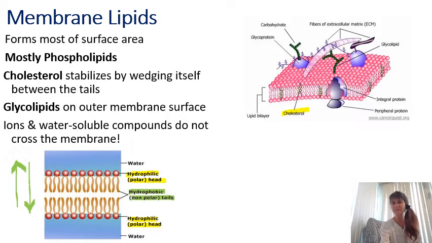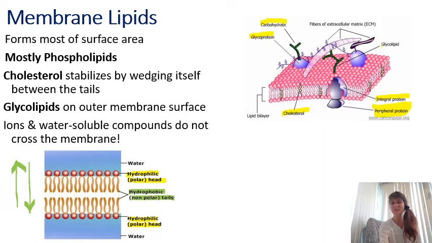We also see embedded in this membrane an integral protein, which will span the length of the membrane, a peripheral protein. Peripheral proteins may be found on either side of the plasma membrane. We also notice a glycoprotein. Glyco meaning sugar, protein is a protein. So a glycoprotein is just a protein with a sugar attached to it, and here they actually point out the carbohydrate.